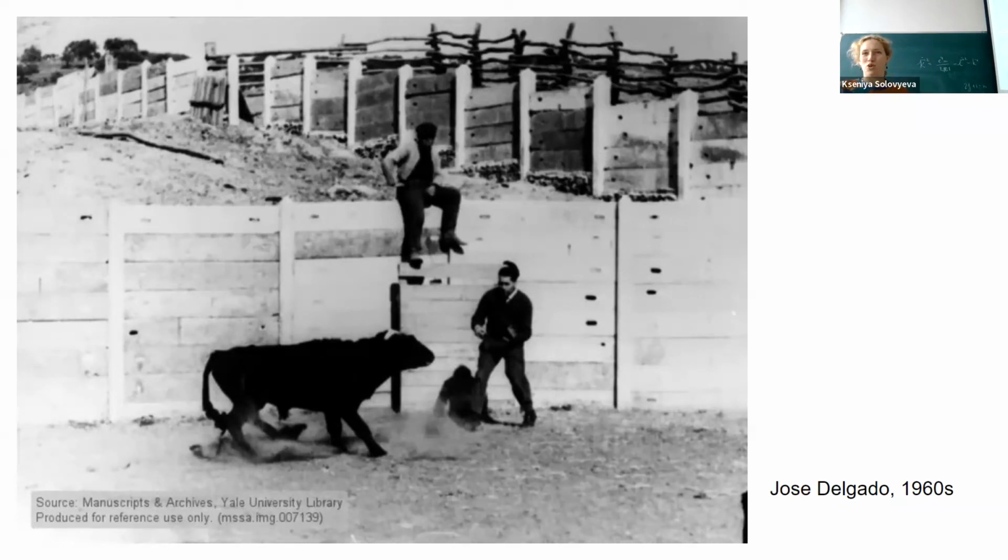And when the bull ran toward José Delgado, he pressed the button and the bull stopped. Neuroscientists had great results in the 60s, so they could stop the bull.